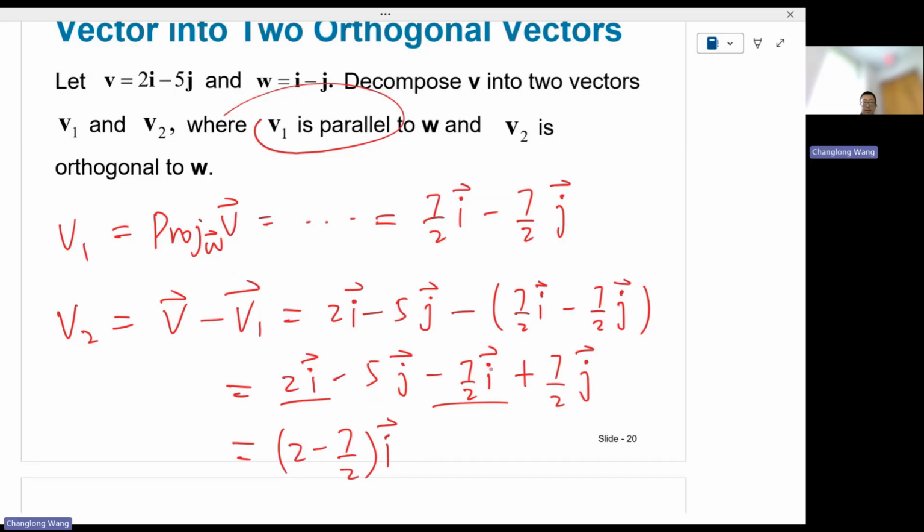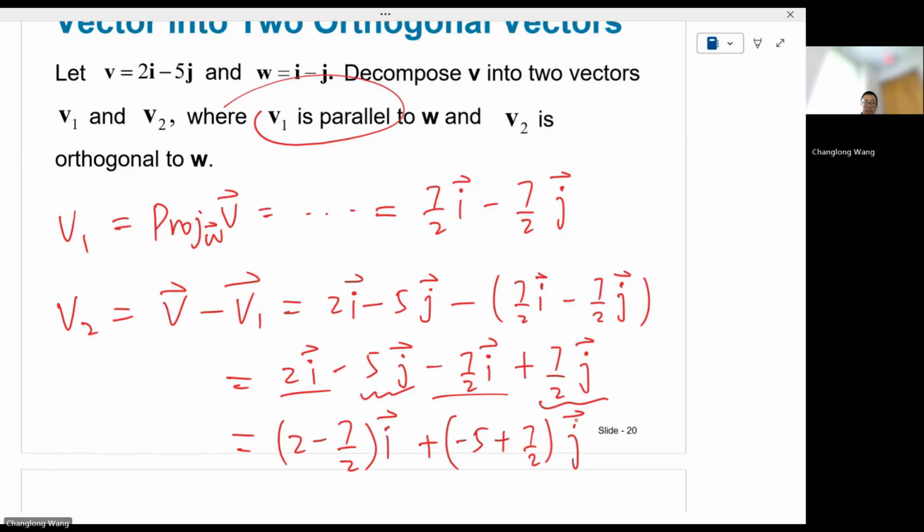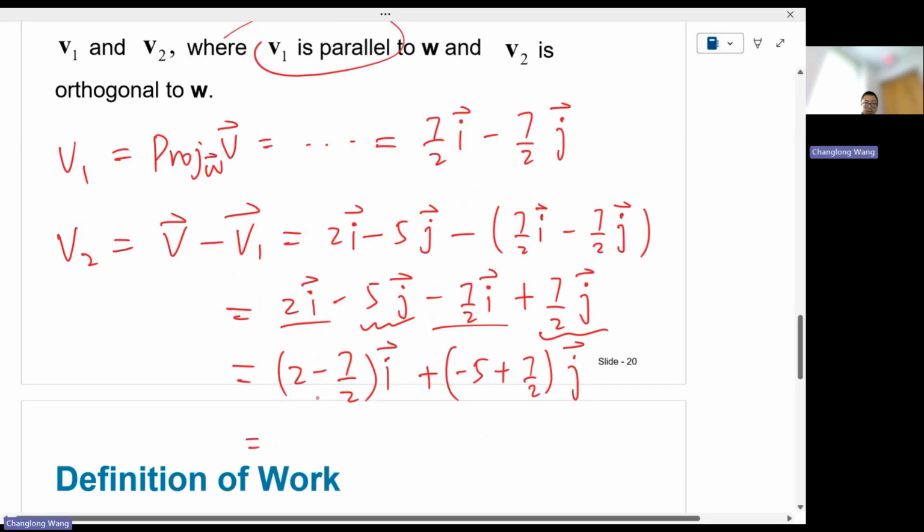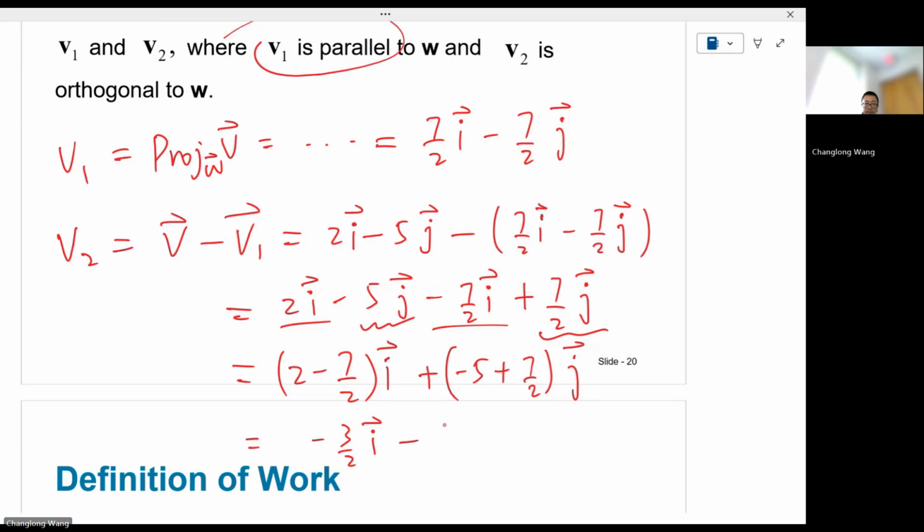Then you have negative 5 plus 7/2 j. And you work it out. This is negative 3/2 i, and that's also negative 3/2 j.